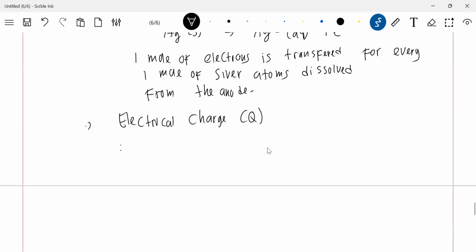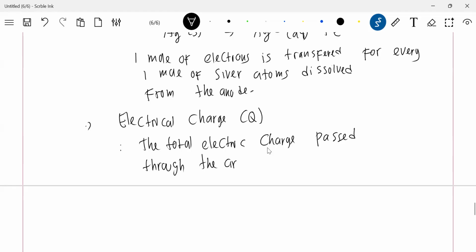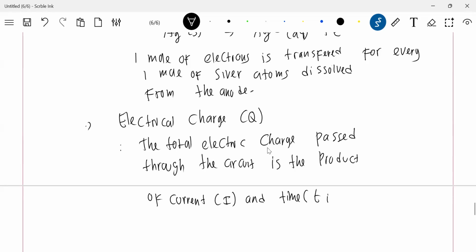The total electric charge passed through the circuit is the product of current I and time t in seconds. Q equals I times t.